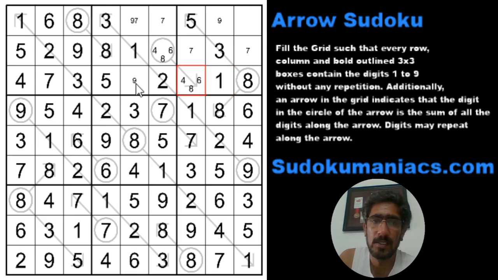This is 4, 8 is not possible, so 6, 6, and this would be a 9, which makes this a 9, and the last digit here would be a 4. So 4, 4, 4, 7, 7, and 2.